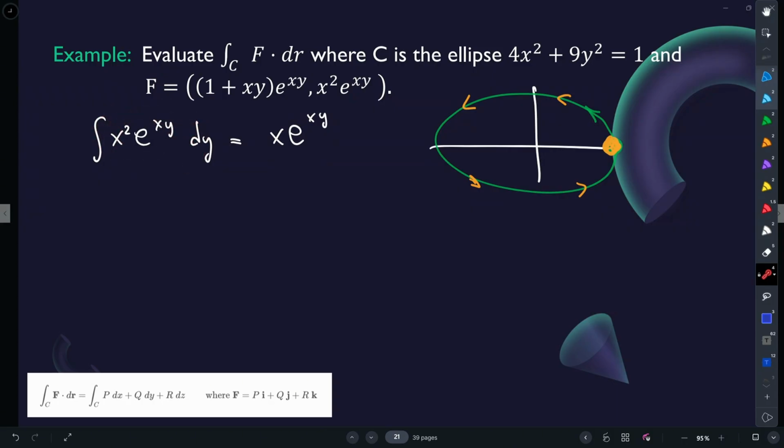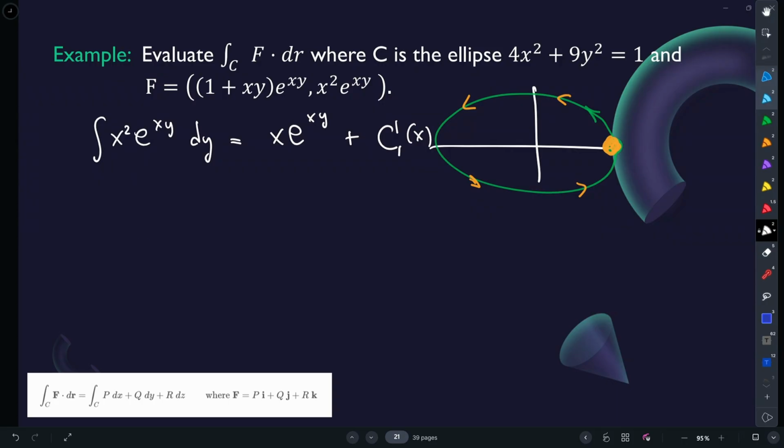So that works. Plus a constant. But that constant now is a constant with respect to x. Okay? So now I have to take the derivative of this with respect to x and see what I get.